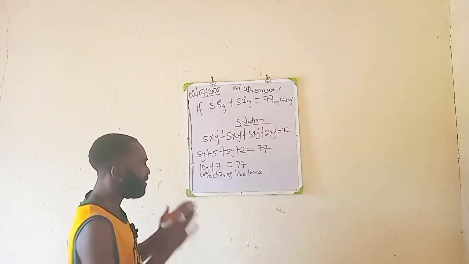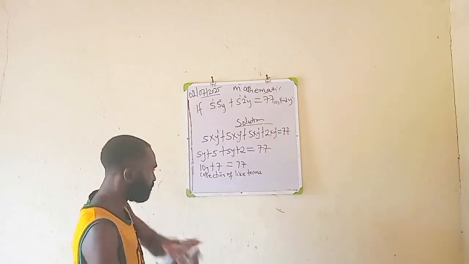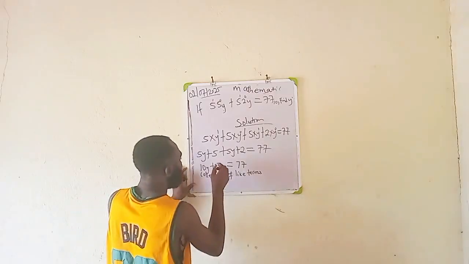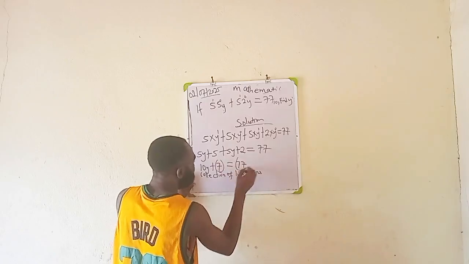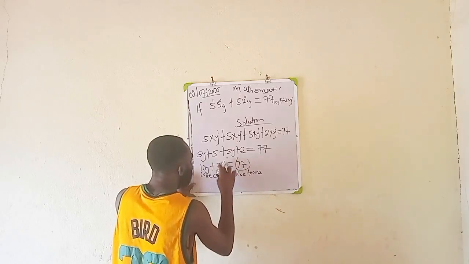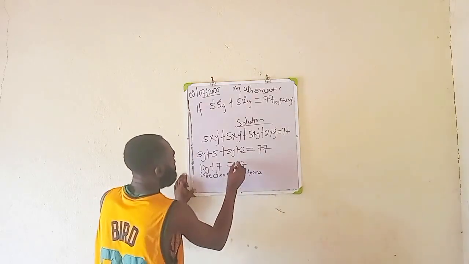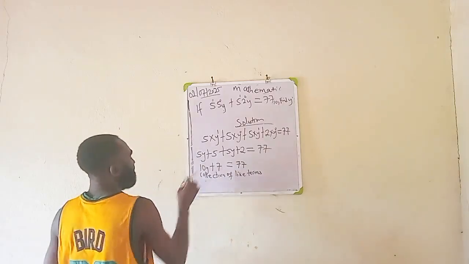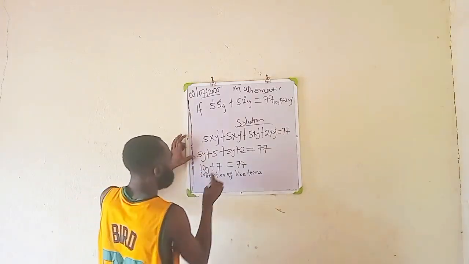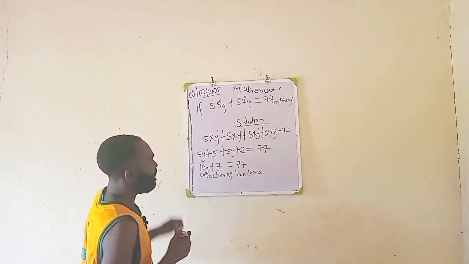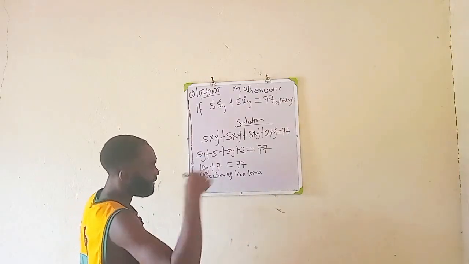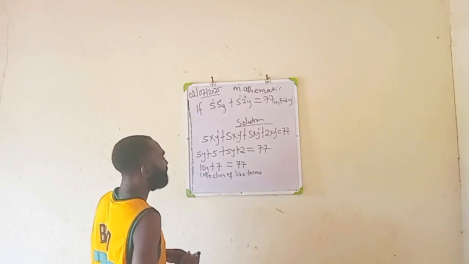You are going to keep the variable on one side and you take the constant on the other side. So here we have 7 as a constant, 77 as a constant. So we are going to group them on one side, and we leave the variable, which is 10y, on one side. So taking plus 7 to the other side, it will change to minus 7.